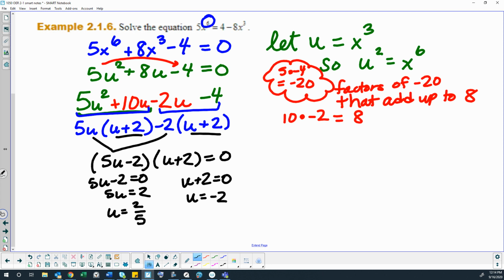What are we trying to solve for? X. We just solved for u. We didn't finish the problem, we didn't solve for x. But the good news is, we can still do another step. We can plug our substitution back in the other direction. Where we have u equals 2/5, remember earlier we said that u was equal to x cubed? Let's just replace our u with an x cubed.